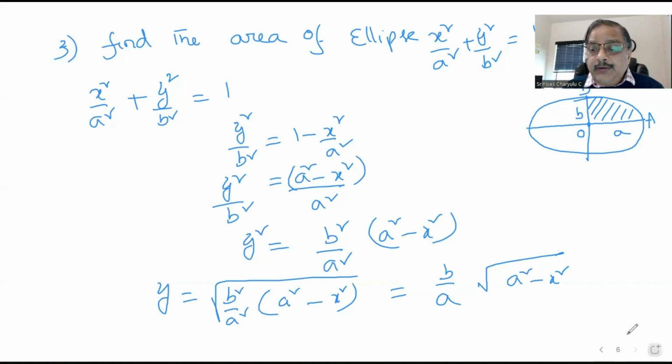Now with this, we will try to find the area. Integral y, we will use. Now what are the limits? Since it is bounded to x-axis, this is x-axis for you, this side is y-axis. This is nothing but radius, so a, 0 to a.